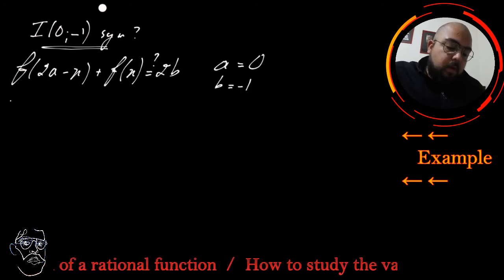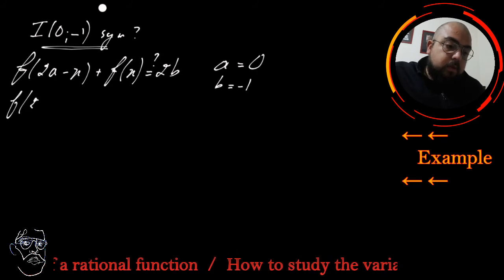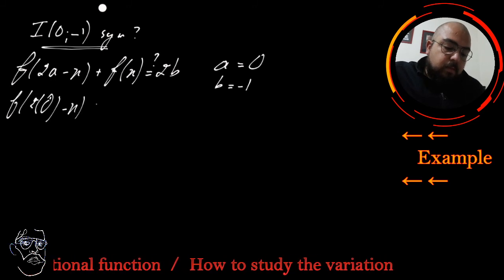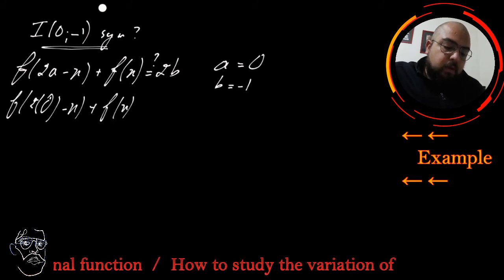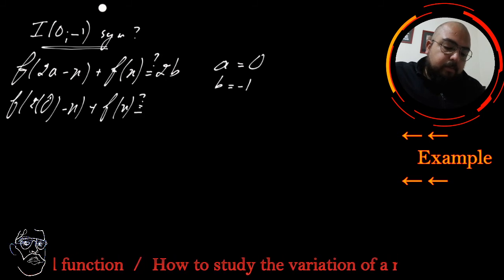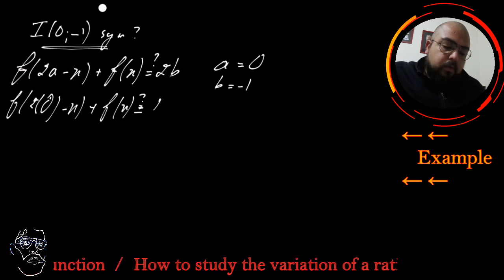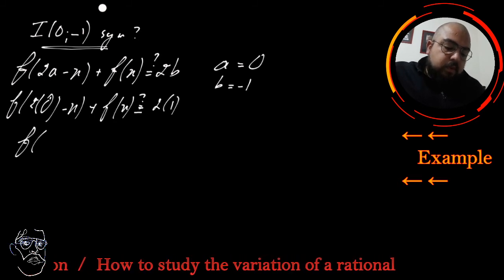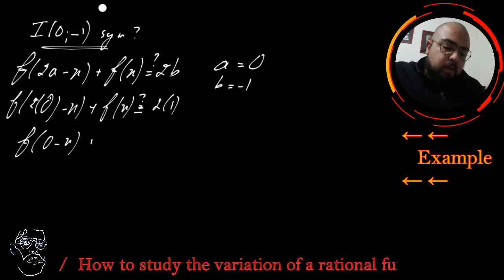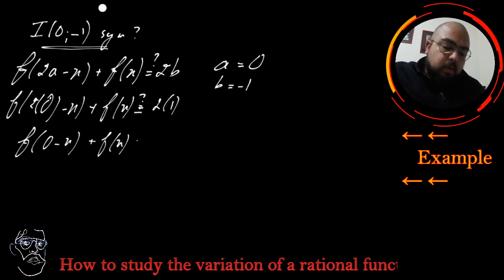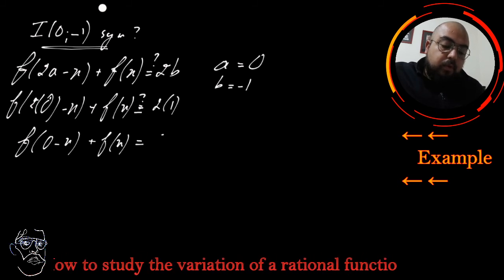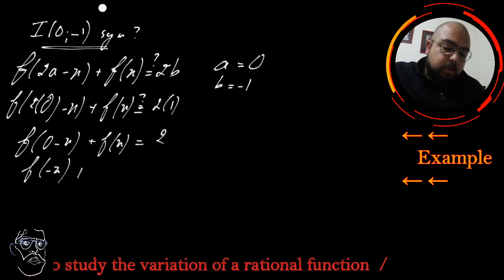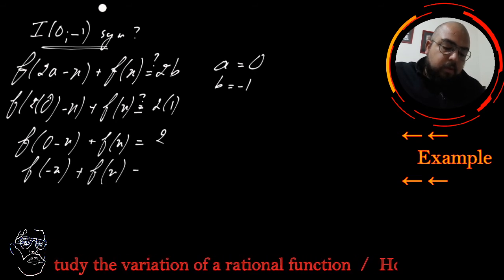So f of 2 times 0 minus x plus f of x equals 2 times 1. So f of 0 minus x plus f of x equals 2. f of minus x plus f of x equals 2.